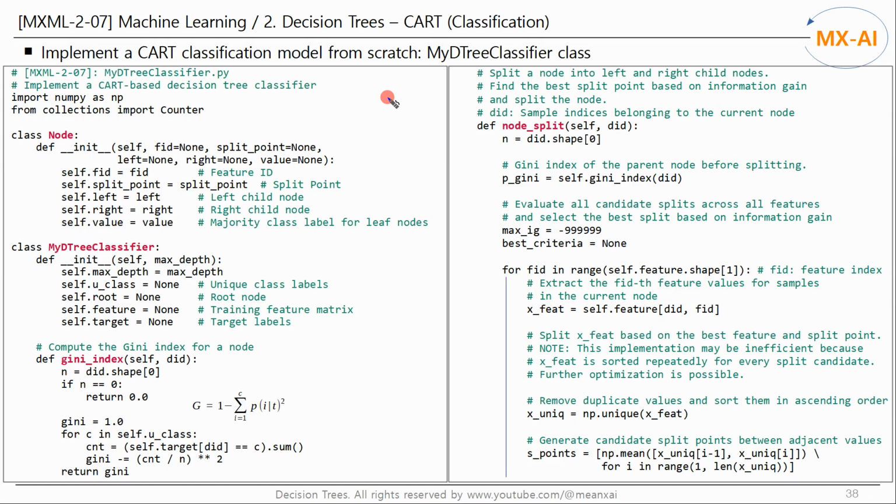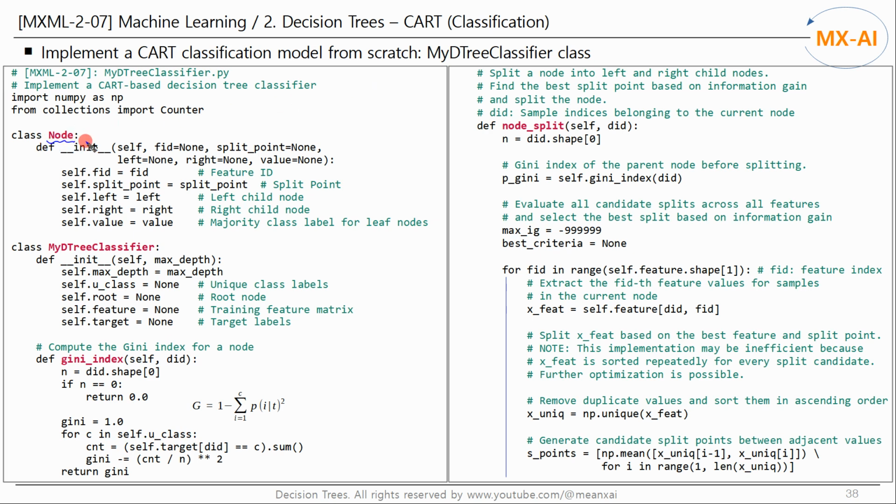Since this code builds a binary tree recursively from scratch, it may be a bit challenging for beginners in machine learning. If you're a beginner, I recommend using scikit-learn's Decision Tree Classifier. But if you want a deeper understanding of the CART algorithm, this video will help you.